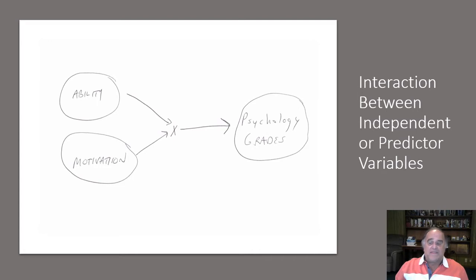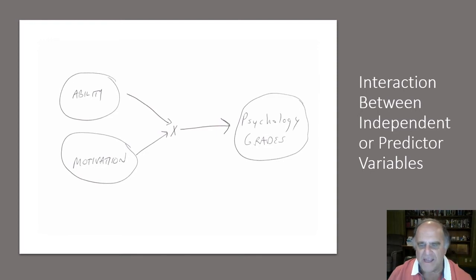And I think it's not a moderator because motivation in this situation is more of a boundary condition. The relationship between ability and psychology grades is only going to exist if you're motivated. But for what we're going to discuss in statistics class, that's not that critical. I'm just trying to give you my worldview on this.